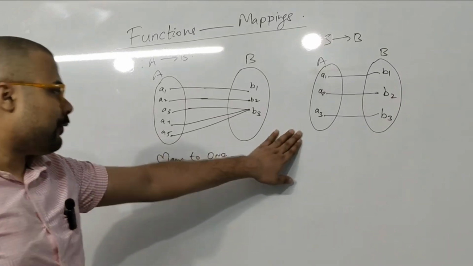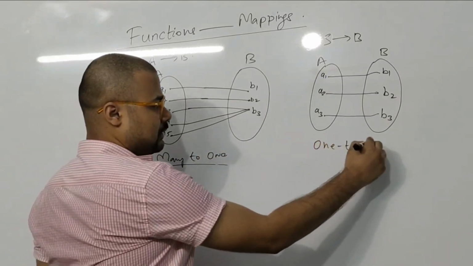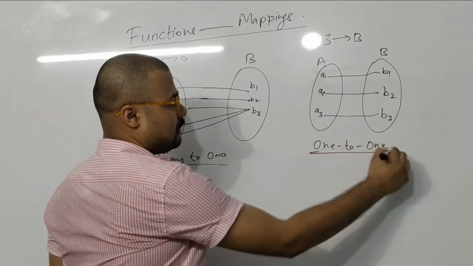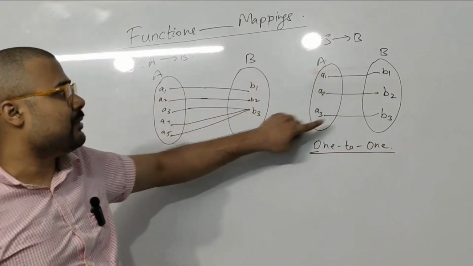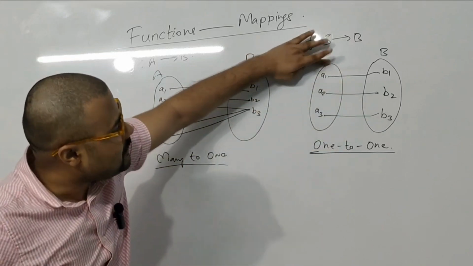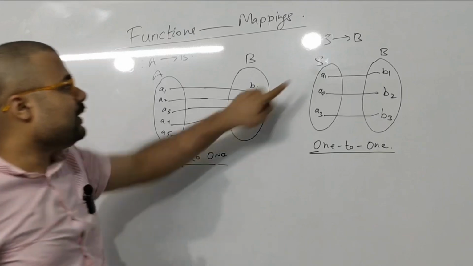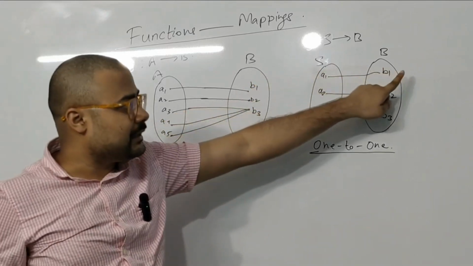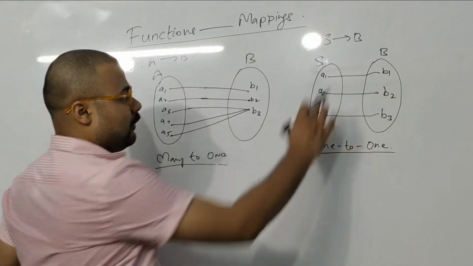This type of mapping of a function is called one-to-one mapping. In this case, every element of S is mapped to a different element of B. So this is called one-to-one.